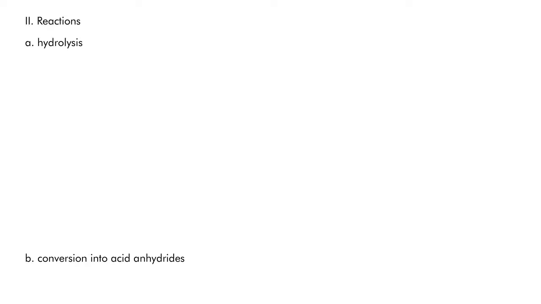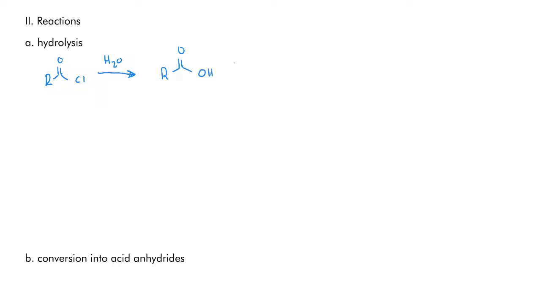So we'll start with hydrolysis, which is the reaction of the acid chloride or the acid bromide with water. When an acid chloride or an acid bromide undergoes hydrolysis, it's converted, like all of the carboxylic acid derivatives, into a carboxylic acid.